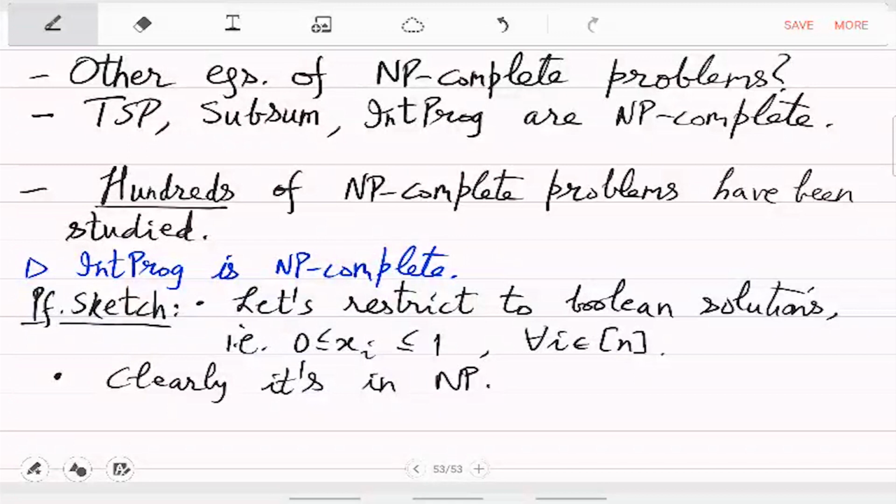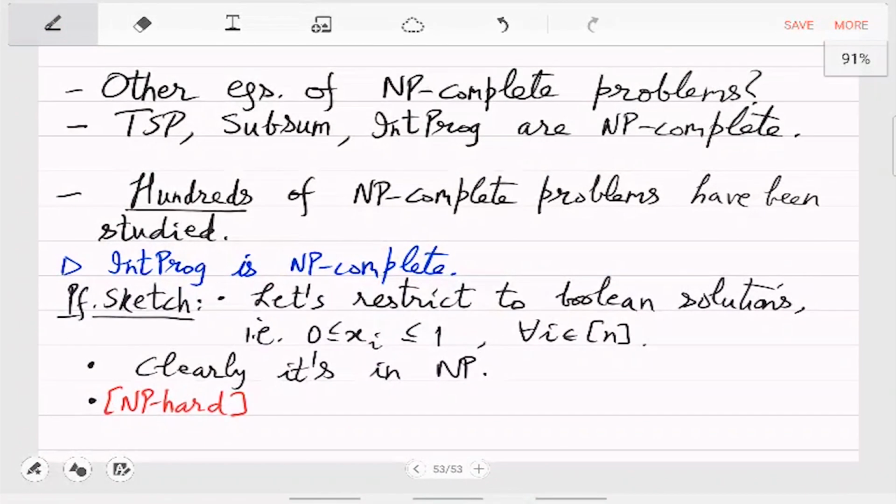And now the NP hardness part. This will need more work. So for the NP hardness part, we will start with a 3 CNF. Let phi be a 3 CNF.